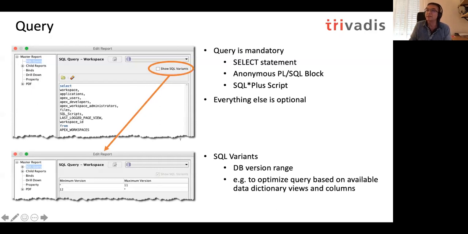Query variants are especially interesting if your queries are based on the data dictionary, and you want this report to run, let's say, on 9i, and also on 19, and on 20, and on 20 you have some columns you would like to include also. So you may create variants of your select statement and have just one report. That's a nice feature, especially if you're querying the data dictionary.